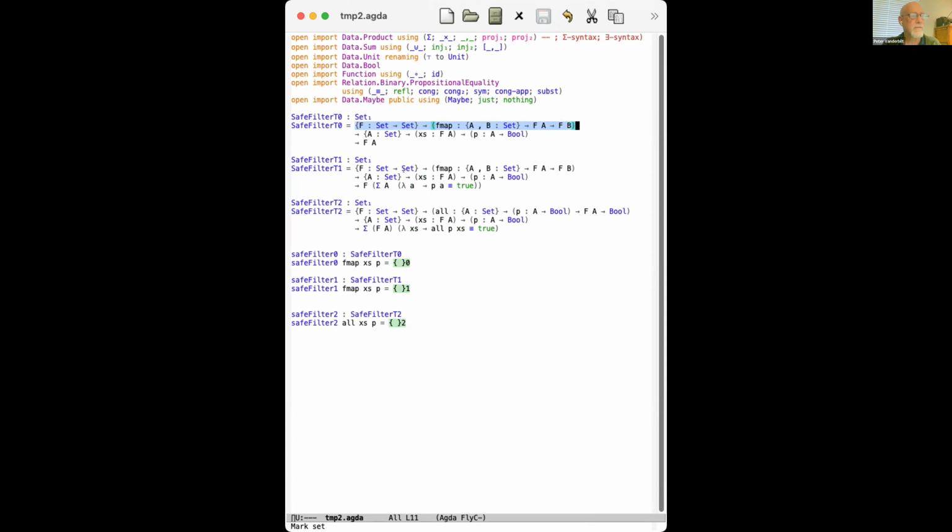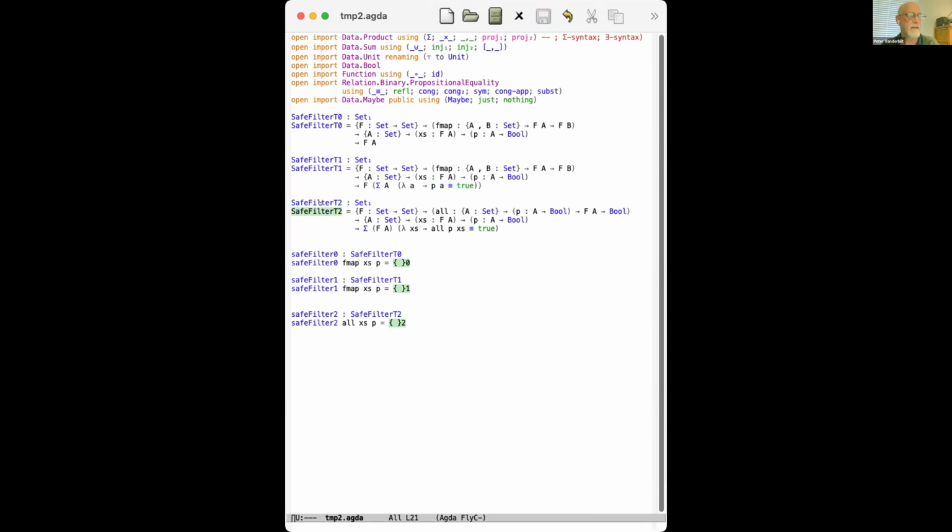The second one takes the list and the predicate and returns F of a pair consisting of an A and a proof that P of A is true. So we'd be returning pairs of A and the proof. That's my safe filter.